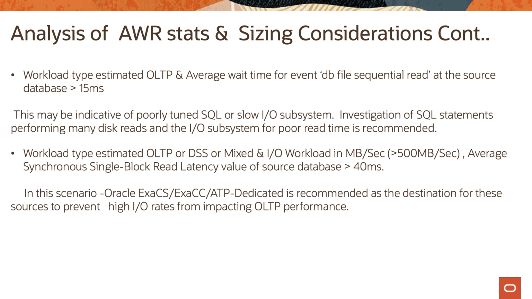If the workload type estimated is OLTP, DSS or mixed, and IO workload is greater than 500 MB per second, and the average synchronous single block read latency of the source database is greater than 40 milliseconds, then in that scenario Oracle ExaCS, Exadata Cloud at Customer or ATP Dedicated is recommended for the destination, because that way you can prevent the high IO rates which might impact OLTP performance.